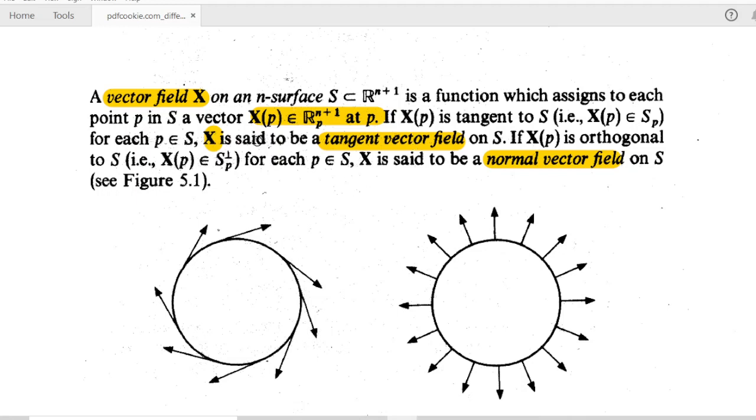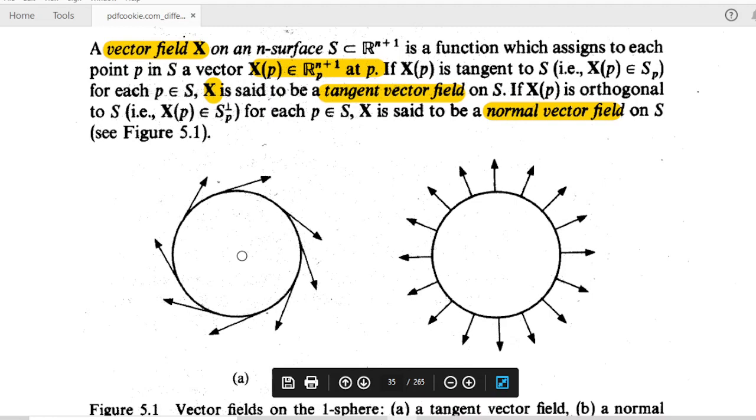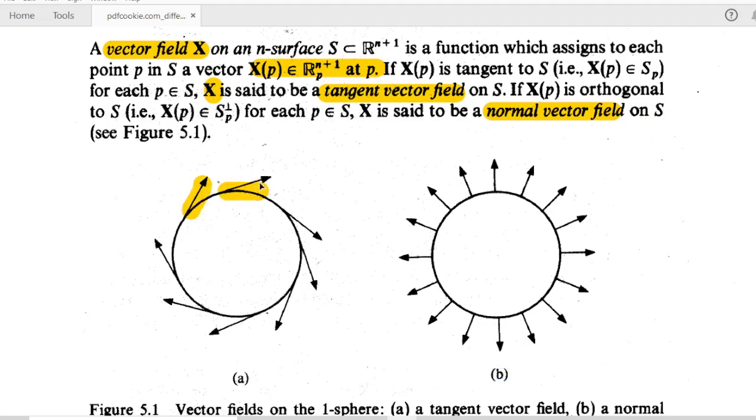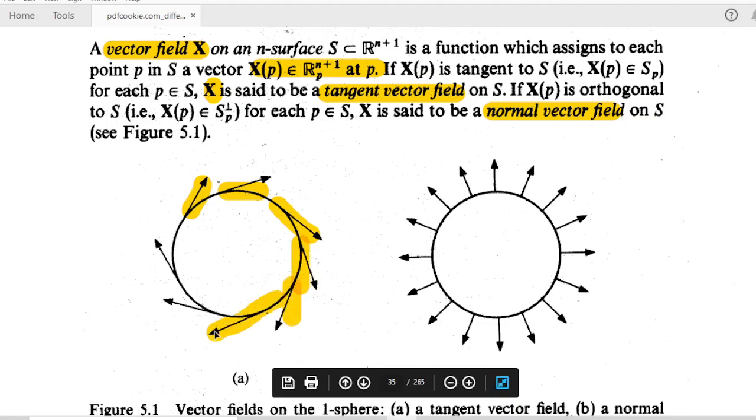So we can consider a surface. So this is one surface. At every point, if we can assign a tangent vector, at every point we can see these are tangent vectors. This is one surface, this is a sphere. At every point we can see a tangent vector at that point.